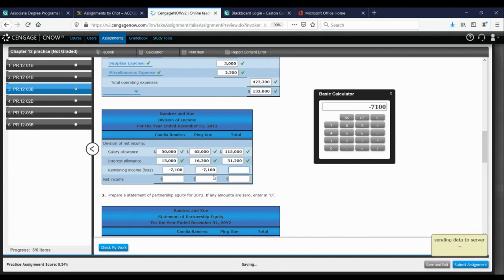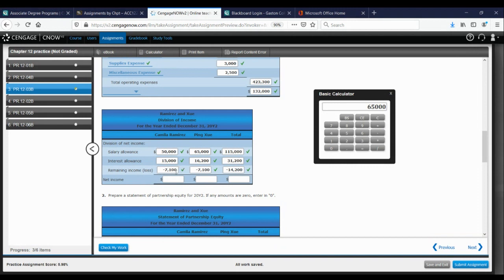The total of these 2 is a negative $14,200. Now, what you have to do to find out how much each partner has shared in the profits and losses, we would combine the salary allowance for each partner plus the interest allowance for each partner, and we're going to subtract out the remaining net income.